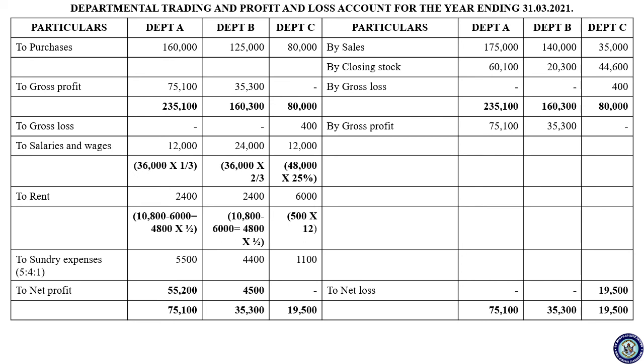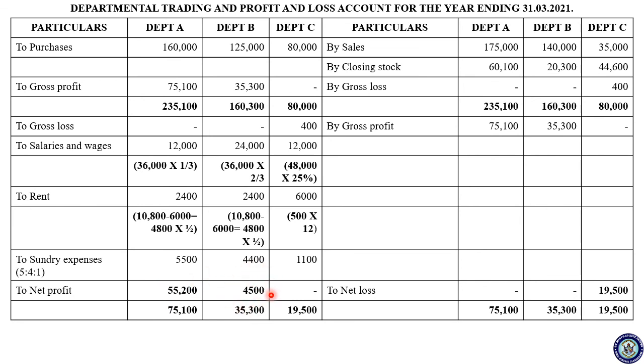Okay, so if you have finished, you see the problem. In the profit and loss account, the profit is given as 40,200, right? So now you find the net profit. How to find net profit? Department A has incurred a profit of 55,200.